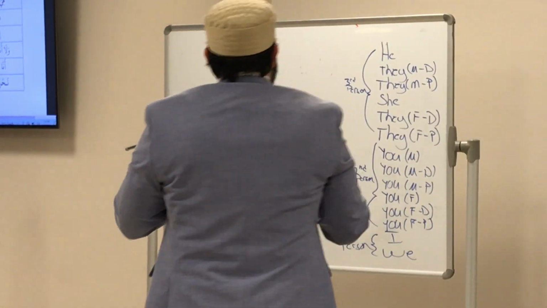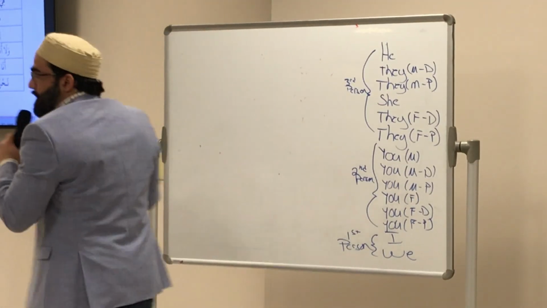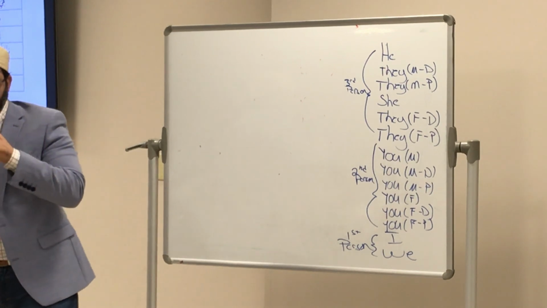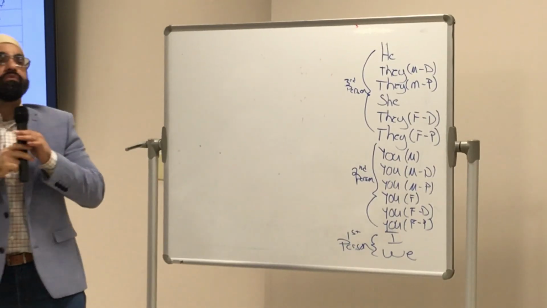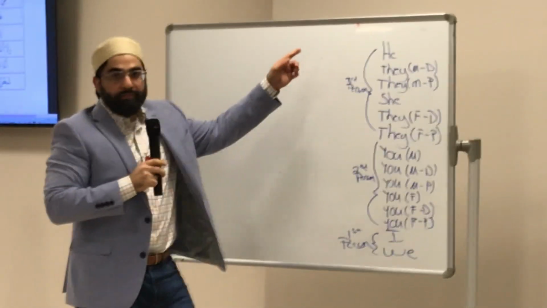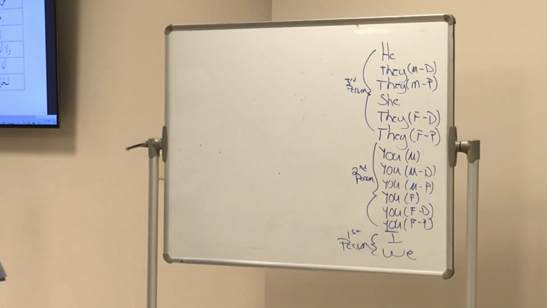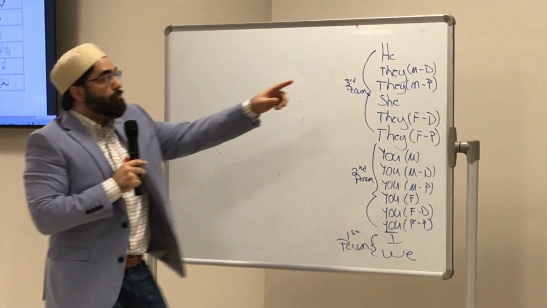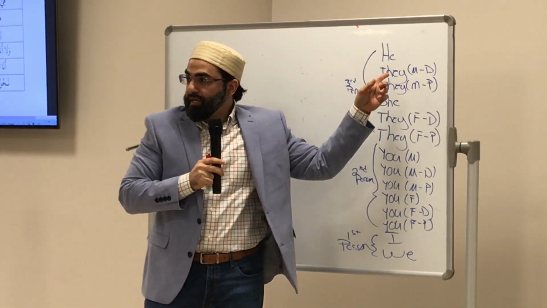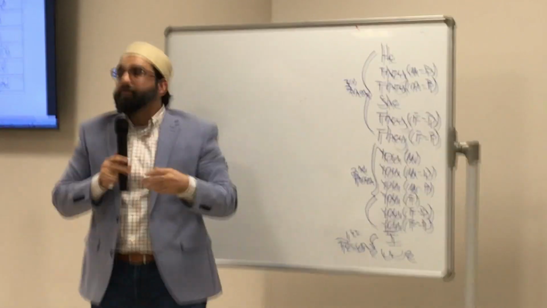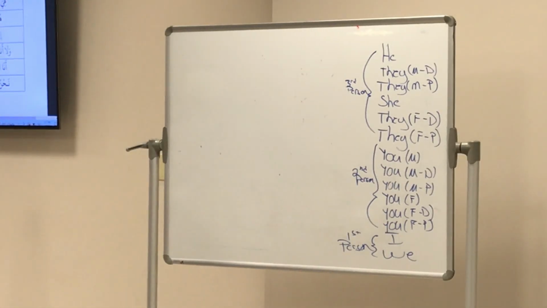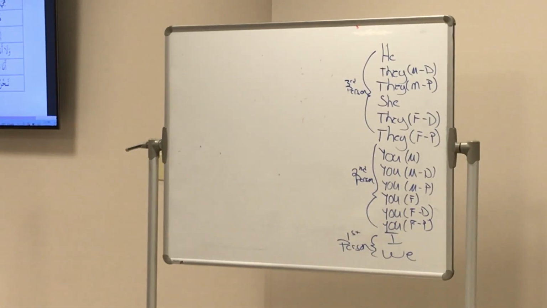In English, in the third person, when we're talking about people, if I want to talk about one male, I say he. If I want to talk about two males, or two people, one of them male, I just say they. Think of male dual. If I want to talk about three people, at least one of them male, I also say they.